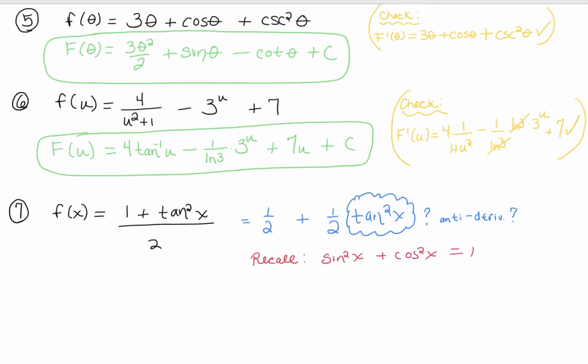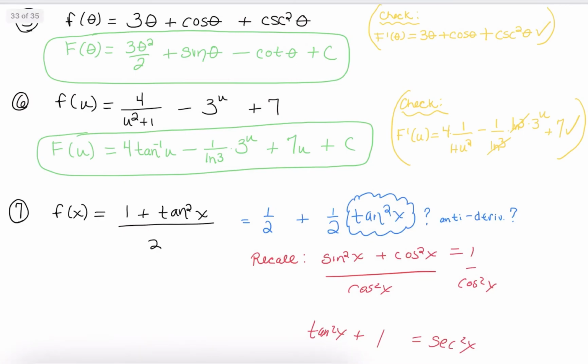I would just think about how I get to them if I divide through. So think about dividing everything through by cosine squared on both sides. Sine squared over cosine squared is tangent squared. Cosine squared over cosine squared is 1. And 1 over cosine squared is secant squared.